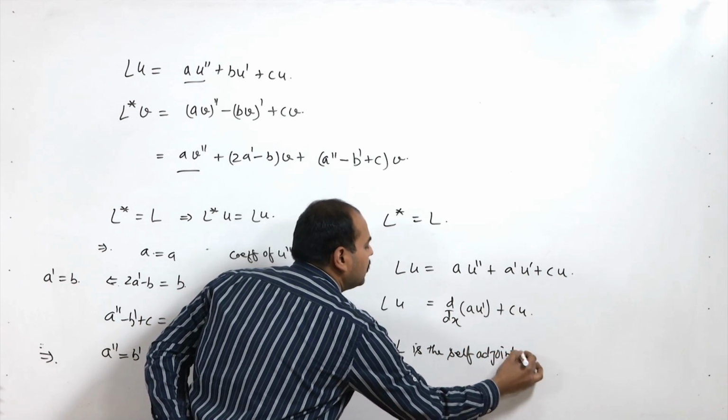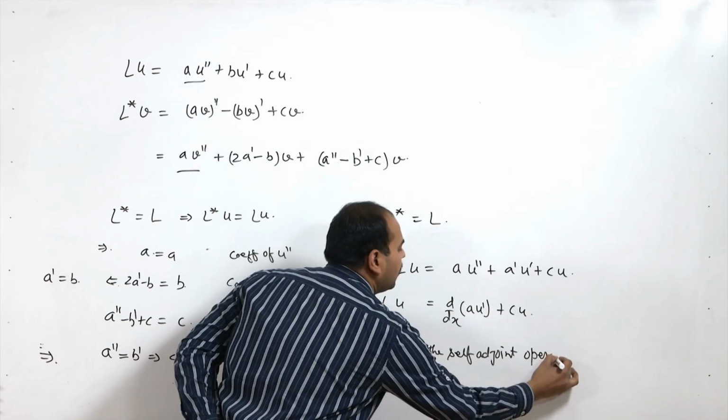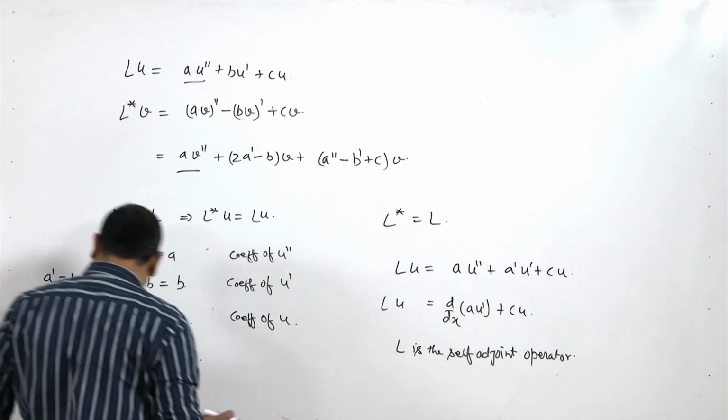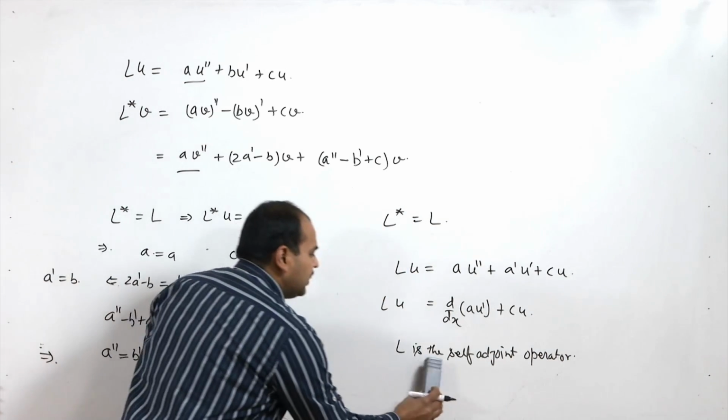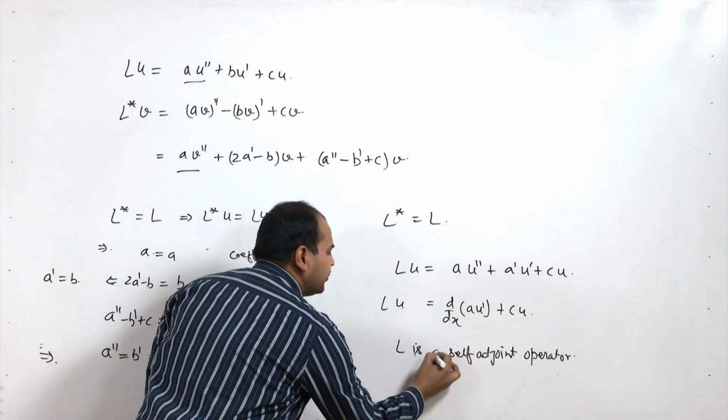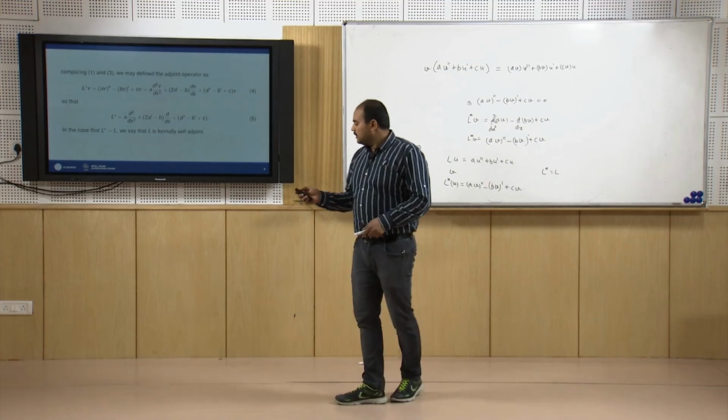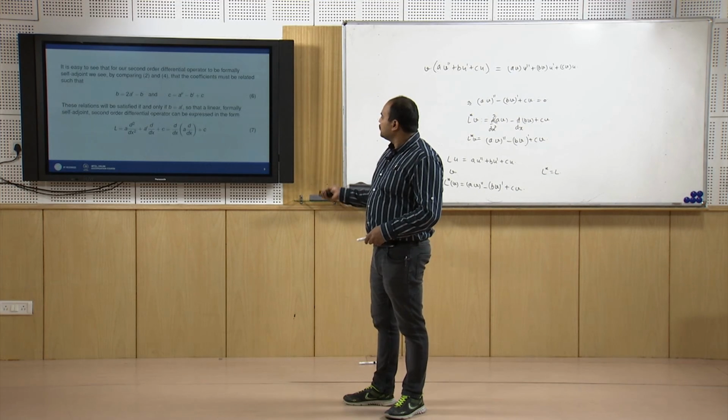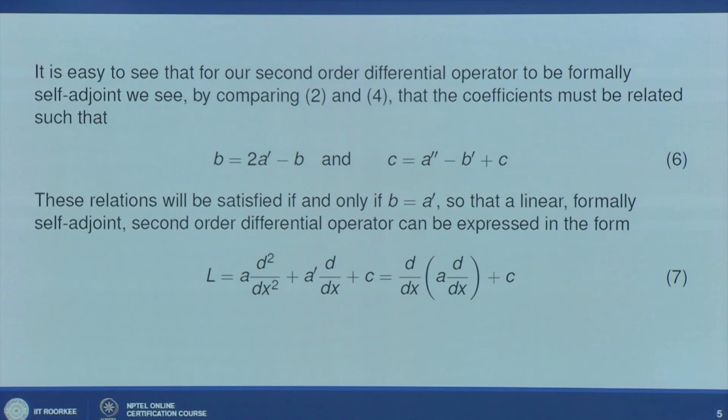We have seen that when b equals a dash, we call this L operator a self adjoint operator, and in this particular case L can be written as d/dx of (a d/dx) plus c.